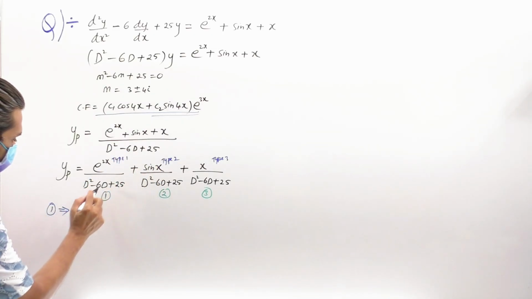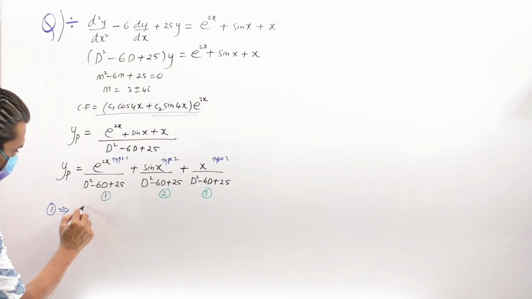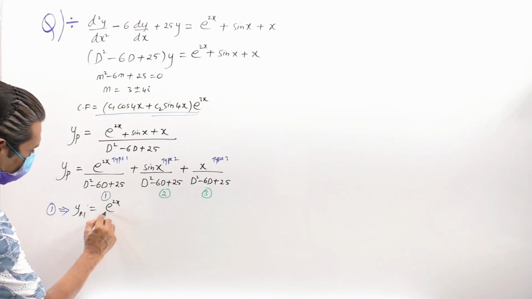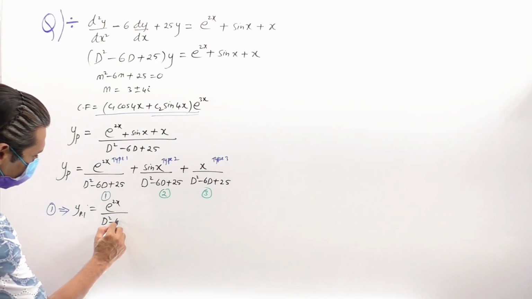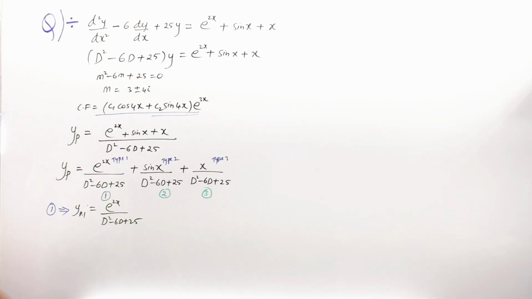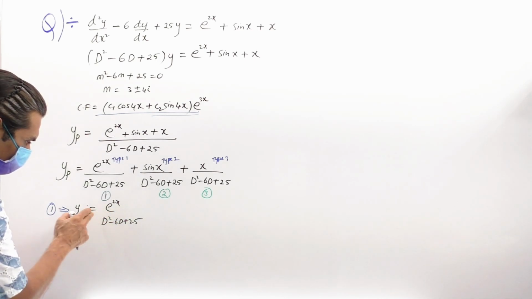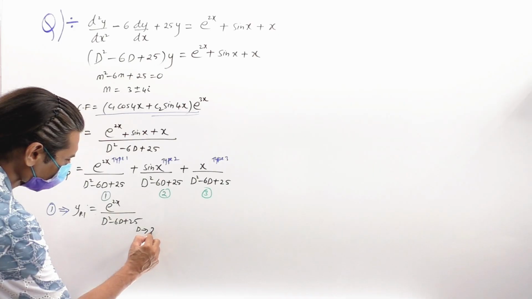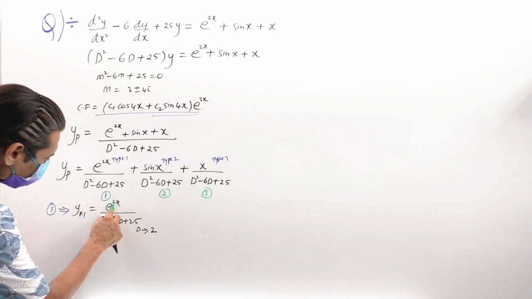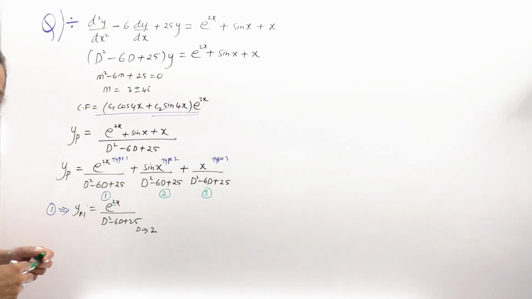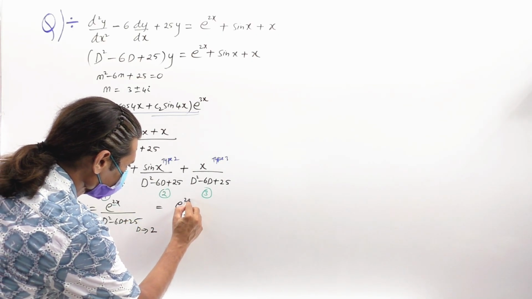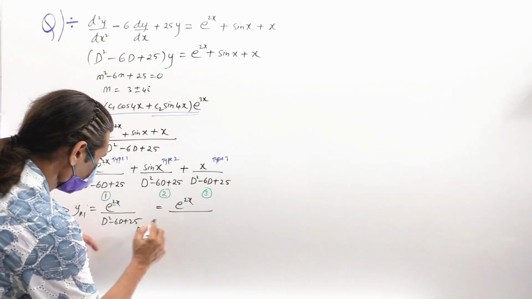Now we have first, yp1. I'll take yp1 is equal to e raised to 2x upon D square minus 6D plus 25, and as you know, this is type number 1. In type number 1, we replace all the D's in the denominator by a. What is a here? a here is 2, from e raised to 2x. So this becomes e raised to 2x whole divided by 2 square minus 6 times 2 plus 25.